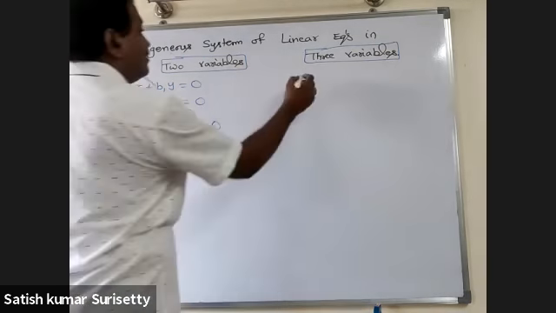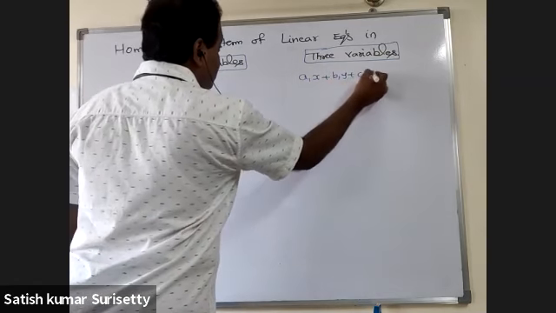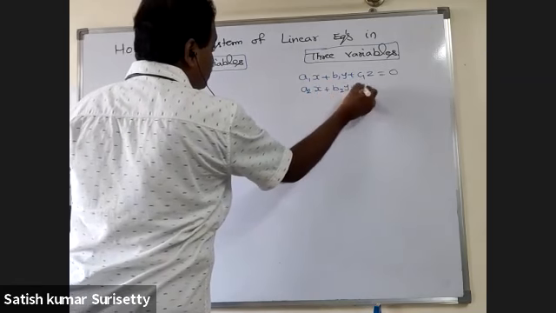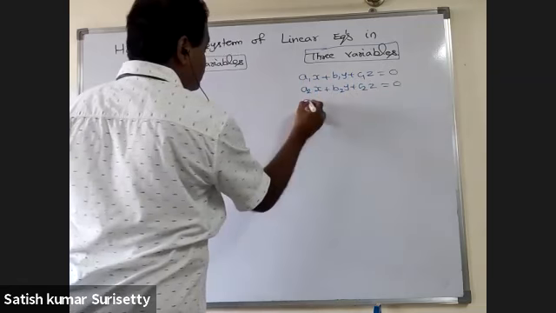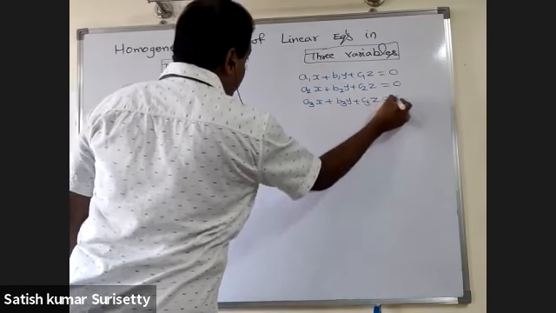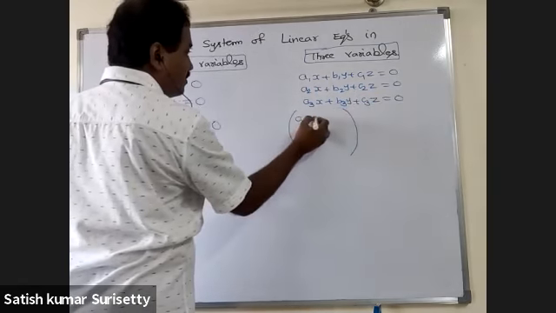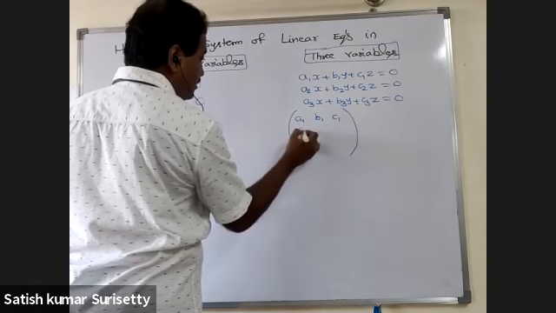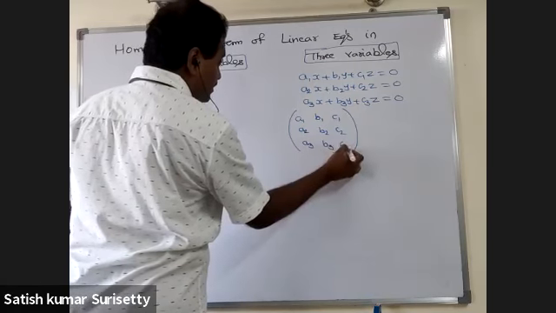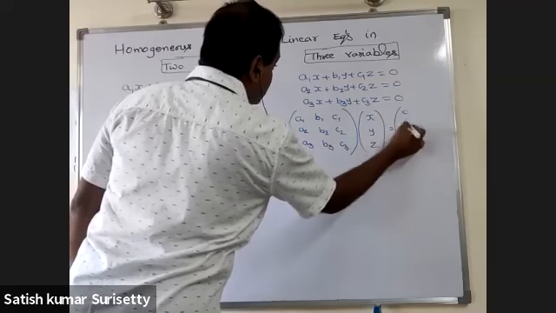Next, in 3 variables: a1x plus b1y plus c1z equal to 0, a2x plus b2y plus c2z equal to 0, a3x plus b3y plus c3z equal to 0. Corresponding matrix equation: [a1 b1 c1; a2 b2 c2; a3 b3 c3] [x y z] equal to [0 0 0].